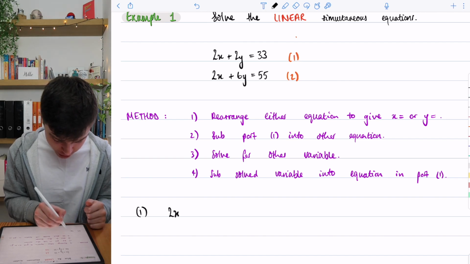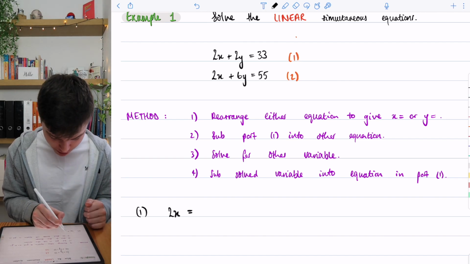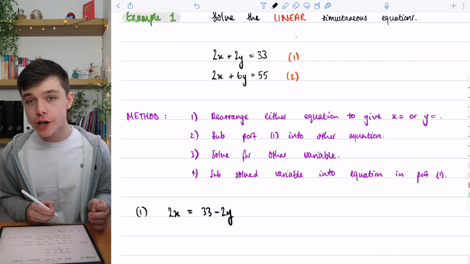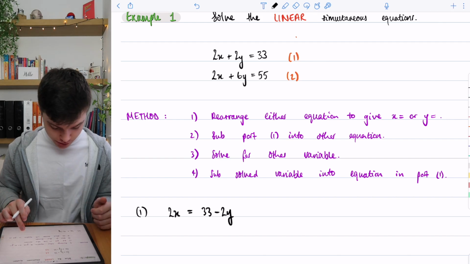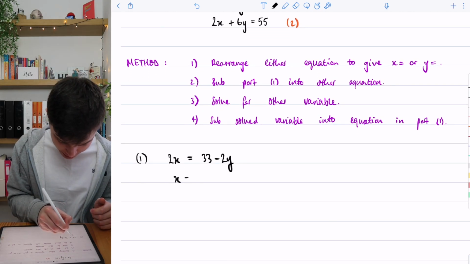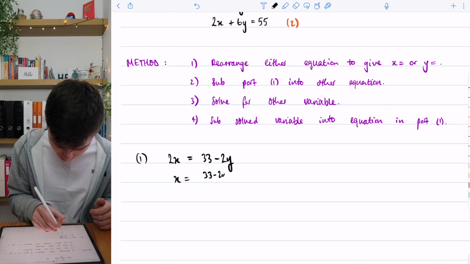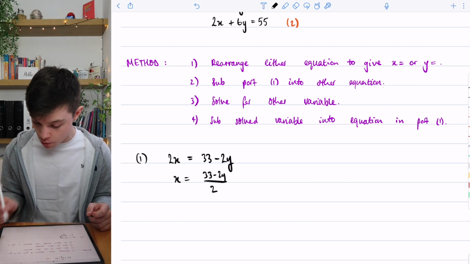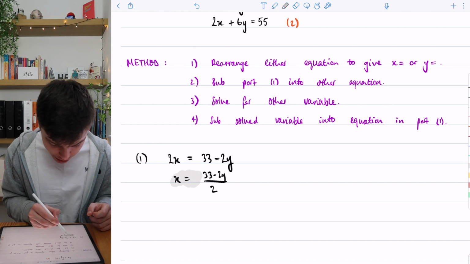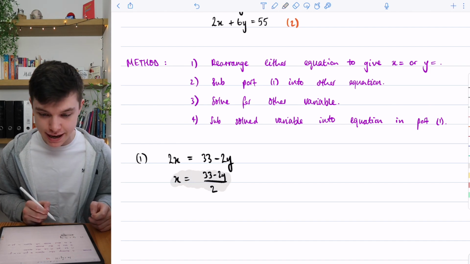First thing I'm going to do is minus 2y from both sides to give me that. And then, well, I've got 2x equals something, I just need x, so I'm going to divide both sides by 2. So I get 33 minus 2y, all divided by 2. I'm going to highlight that in grey because I'm going to use that in a minute.